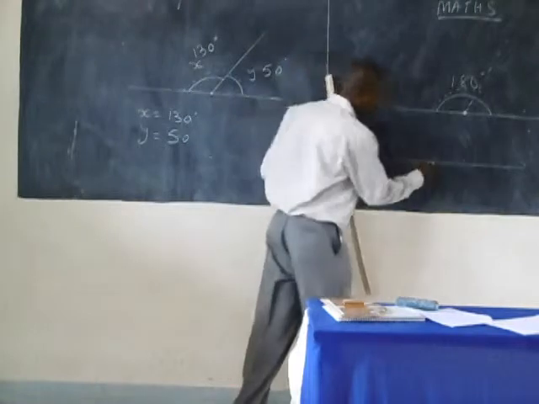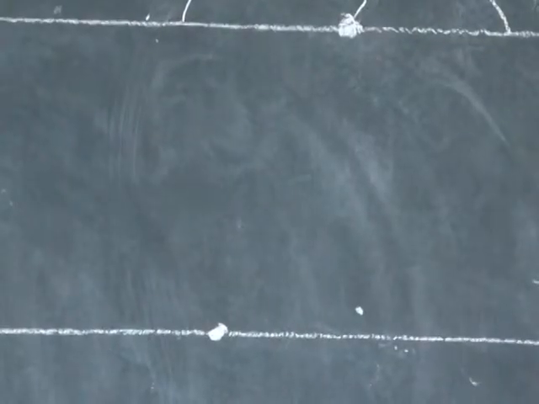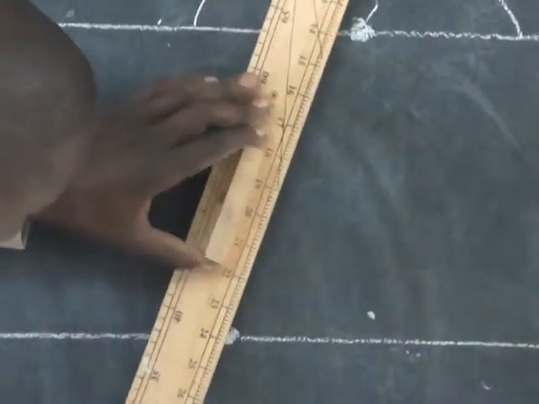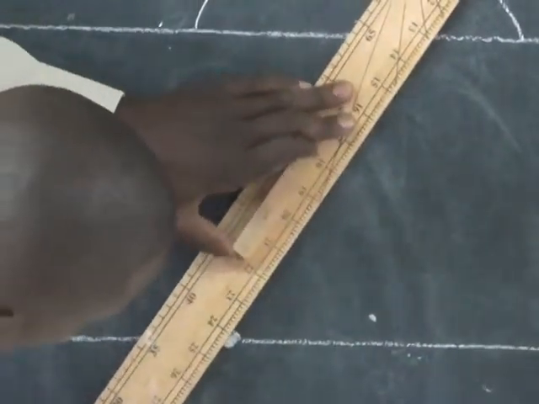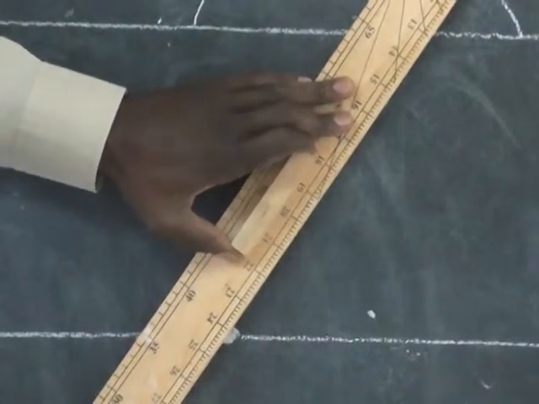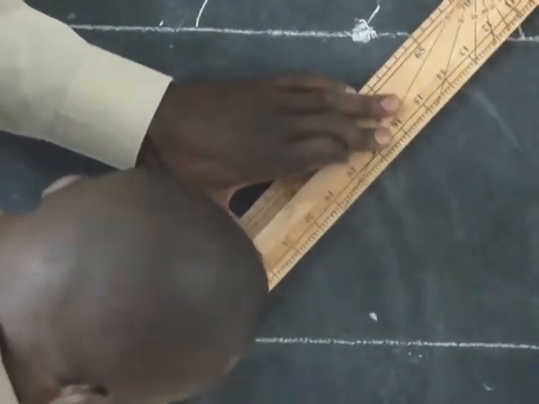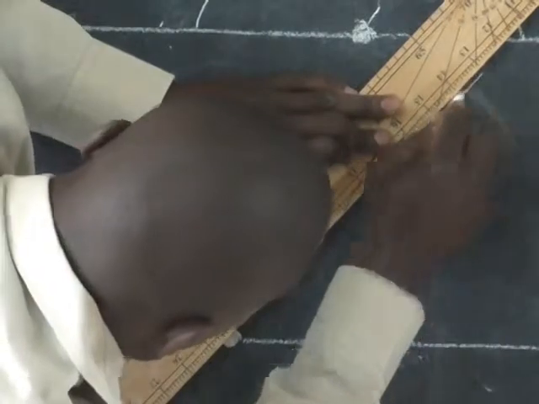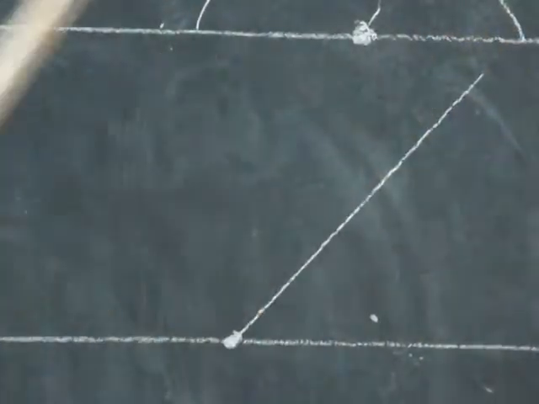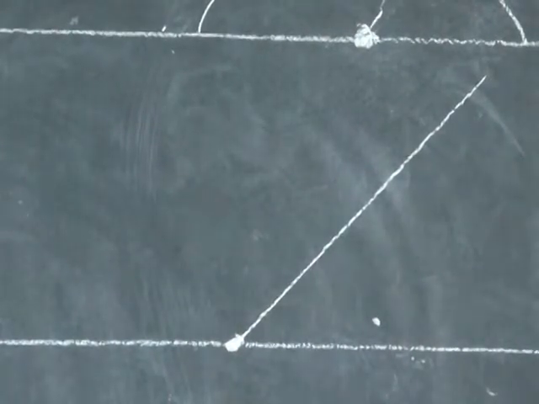On the line, mark a point. Draw an angle from the point. Place your ruler at an angle to the point. Any angle. Then draw a line at an angle to the point.